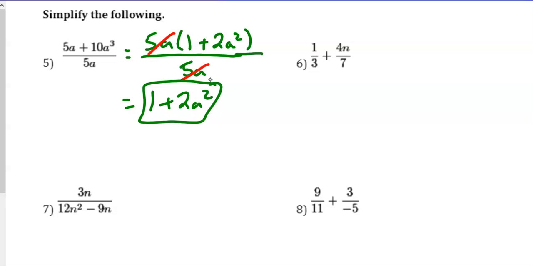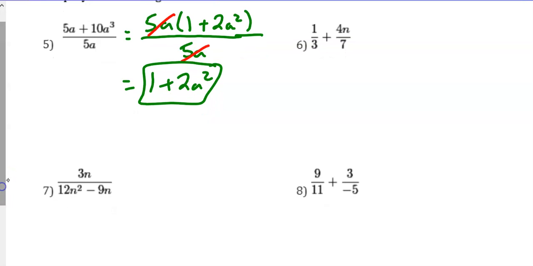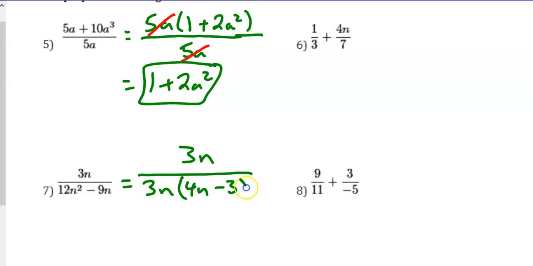Same sort of idea for number 7, but with 7, I'm looking at the denominator here. Okay, what goes into both 12n squared and 9n? Well, hopefully you see that as 3n. And again, now I'm not changing my numerator, it's just going to remain the same. So divide. 12n squared divided by 3n, 4n. 9n divided by 3n is minus 3.